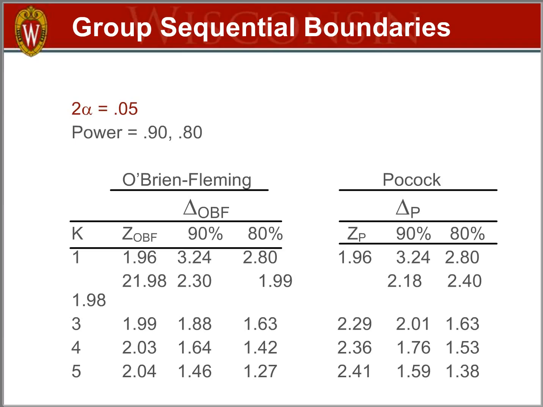Obviously, that will have a much more substantial impact on the sample size. So while the Pocock boundary accomplishes the goal of keeping the overall false positive rate for your trial at 5%, it does so at a cost, which is not always a desirable property. Yet, it does allow one to terminate a trial early for harm or benefit because the criteria are not as stringent as, say, in the O'Brien-Fleming boundary. So it has some advantages as well as disadvantages.